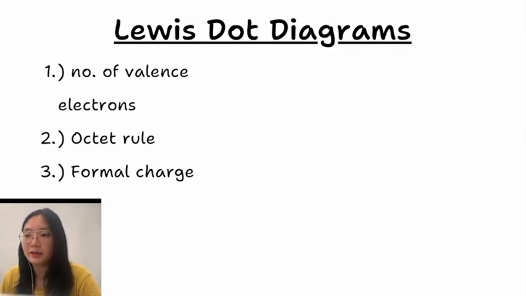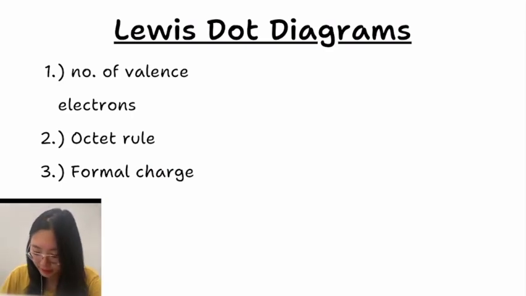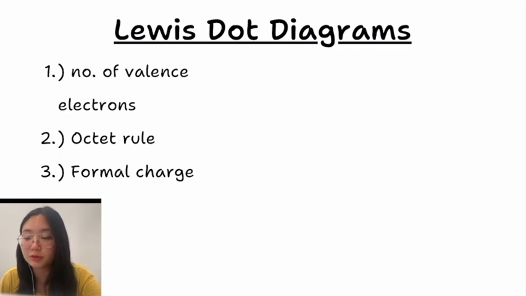Okay, and next is formal charge. So most of the times we are able to draw the appropriate Lewis-Dot diagram based on the first 2 rules, but sometimes we are able to draw multiple possible Lewis-Dot diagrams, and then we will have to take a look at the formal charge.